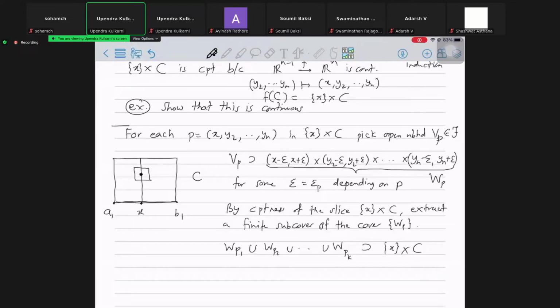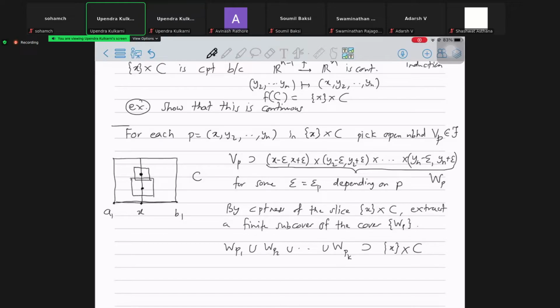But now comes the step on which the entire proof turns. So notice here I have put a slice. Here I have put a box, and at every point I take, I'm going to put a box around it. So here is a box, and there is a box like that around every point.